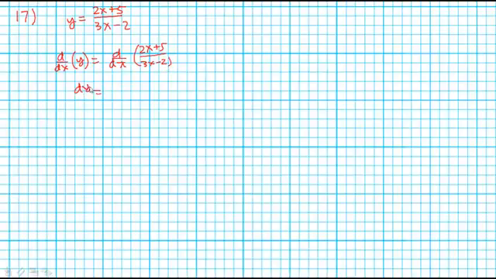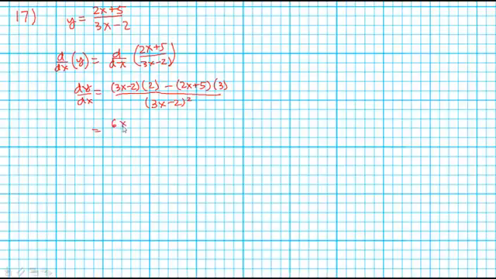So the derivative of y with respect to x is dy/dx. The derivative of this expression is going to be bottom times the derivative of the top minus the top times the derivative of the bottom, all over the bottom squared. Let's see if we can clean that up a little bit.